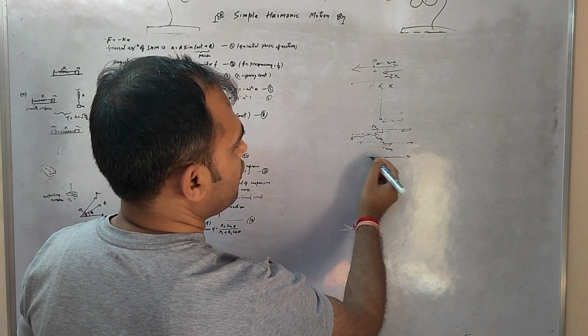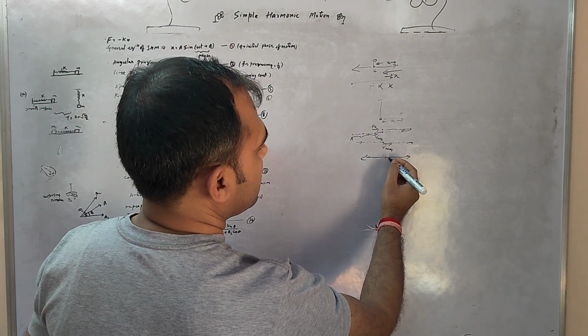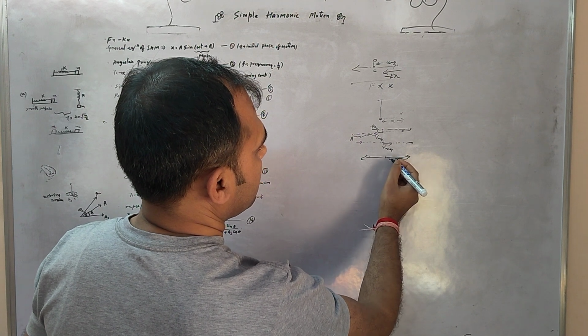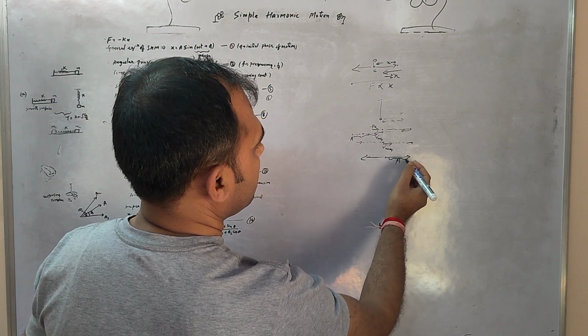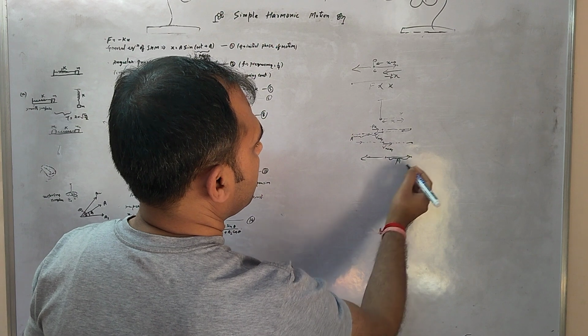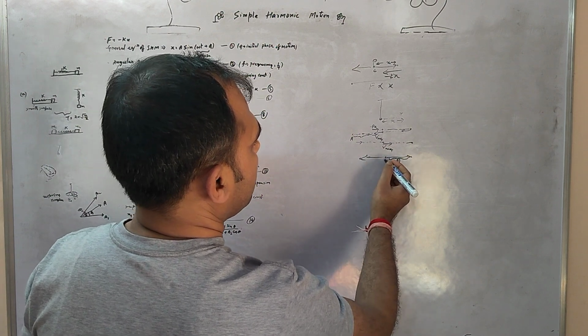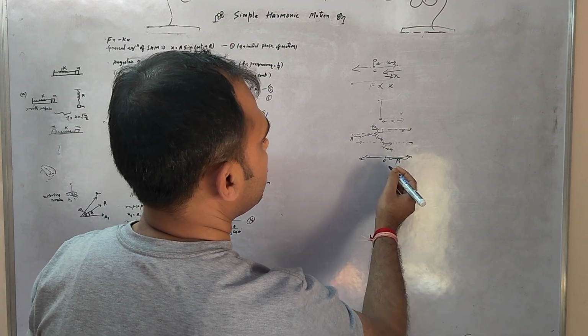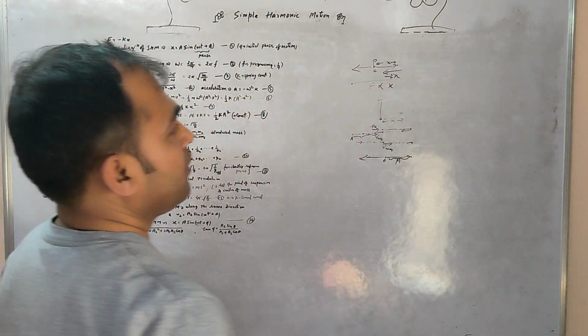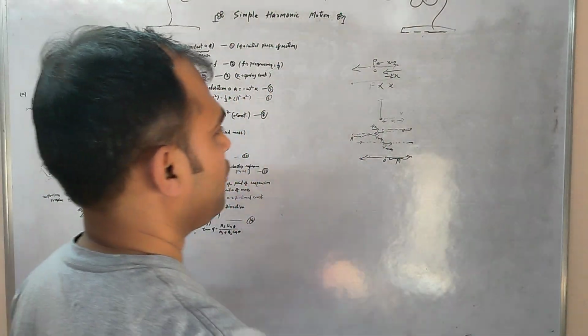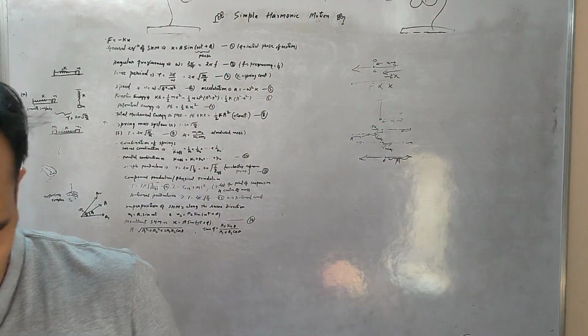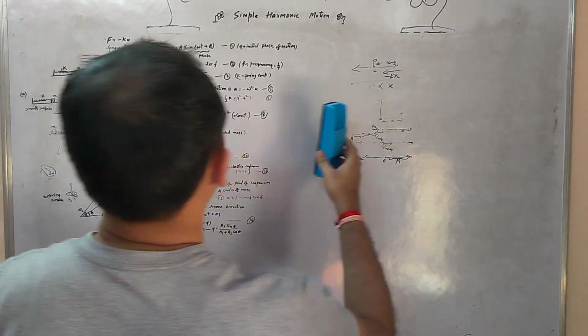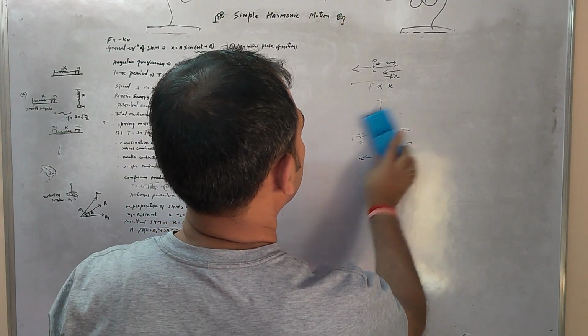This is amplitude, maximum distance. This is the center. So I hope you got it. What is simple harmonic motion?